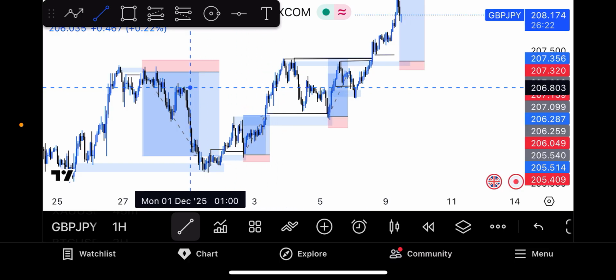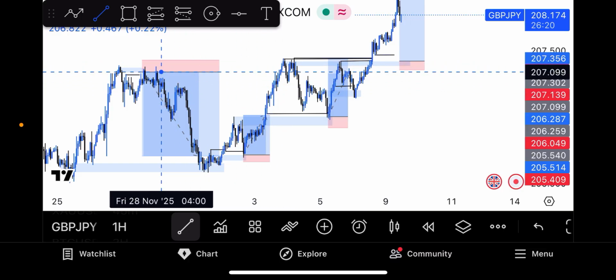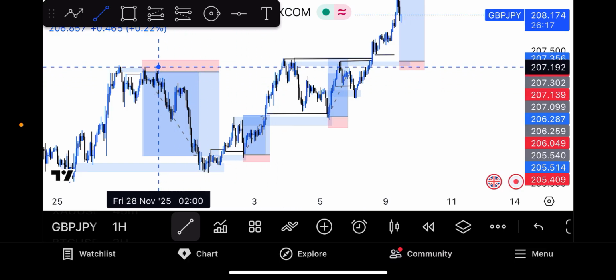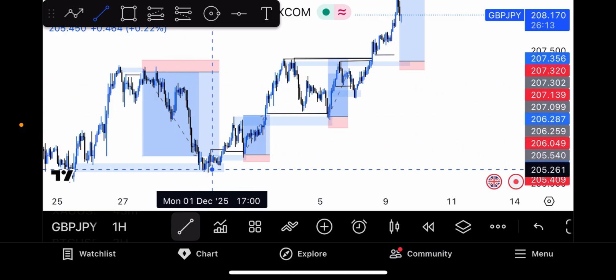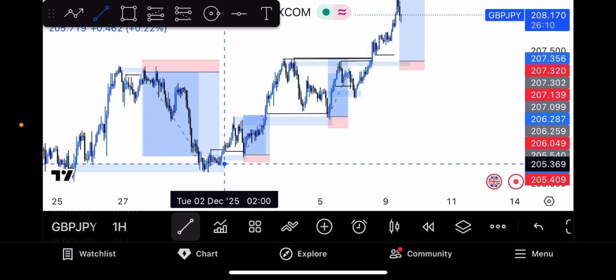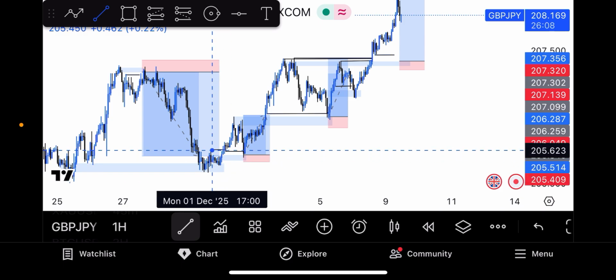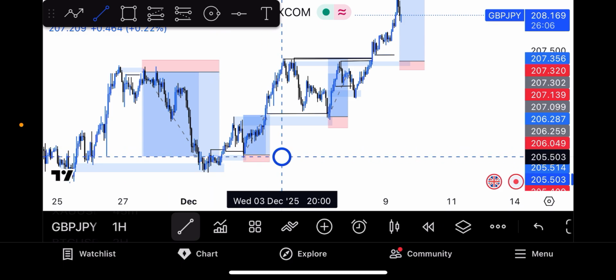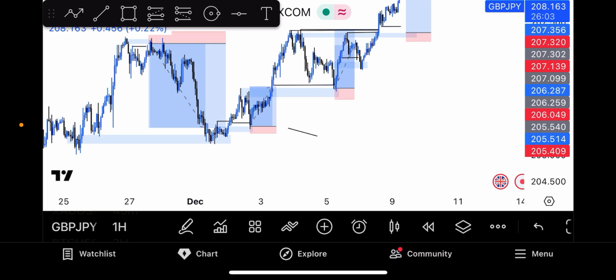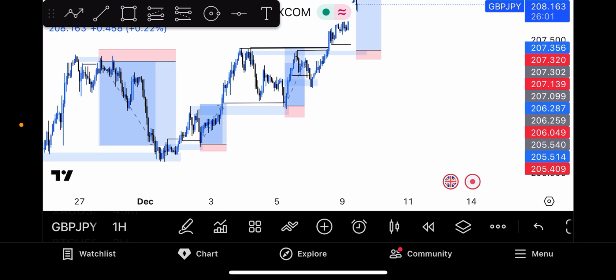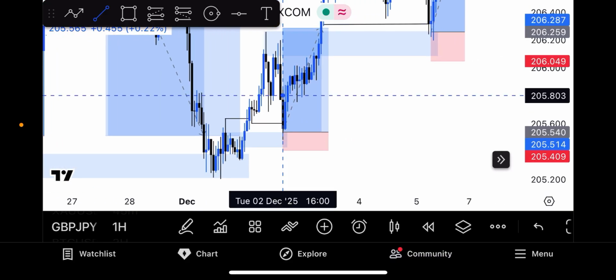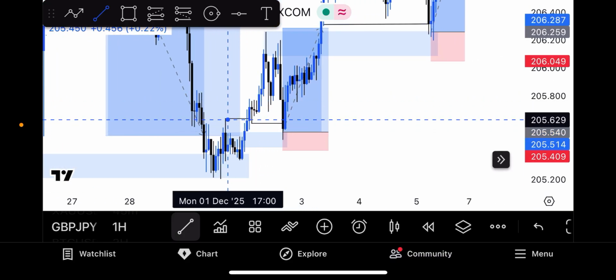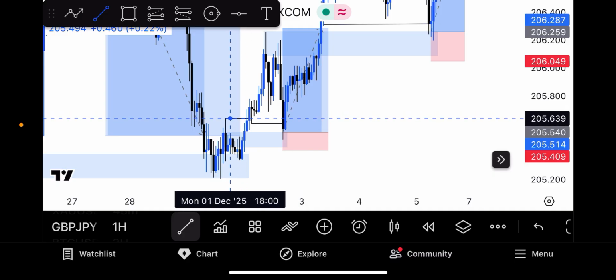You could see the market was making a series of lower high, lower low, lower high, lower low, lower high, but could not make another lower low and broke past this high, making an MSS.